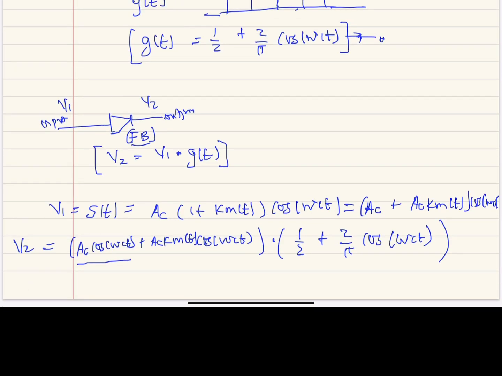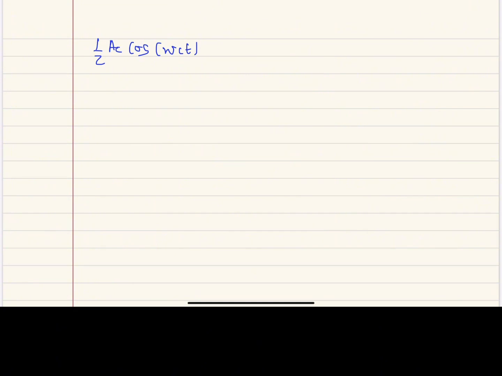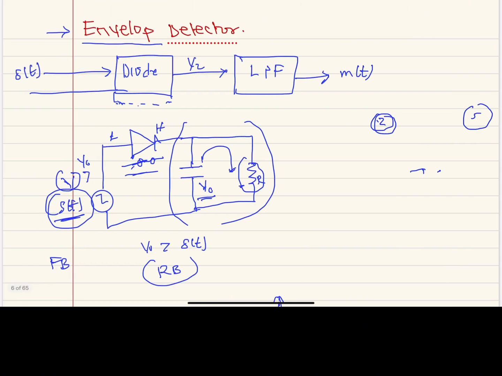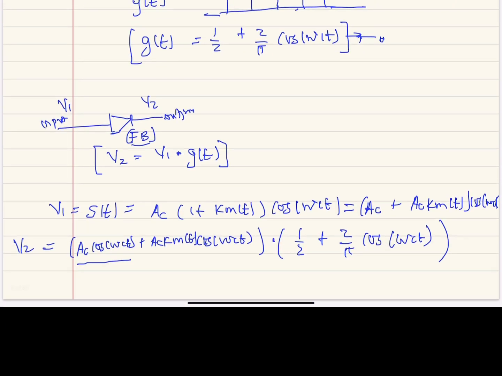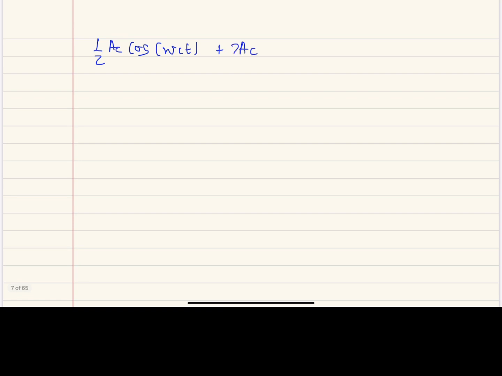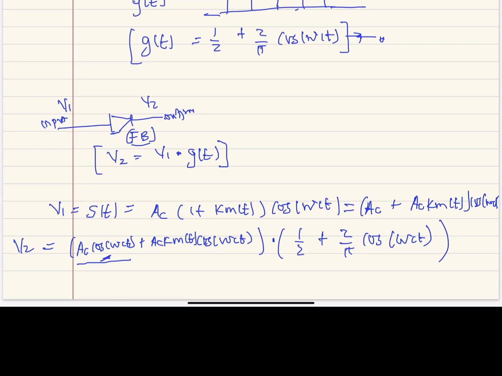Also, Ac cos ωct times 2/π cos ωct gives plus 2Ac/π cos² ωct. That is what was used to multiply the first term. Now let's take the second one.